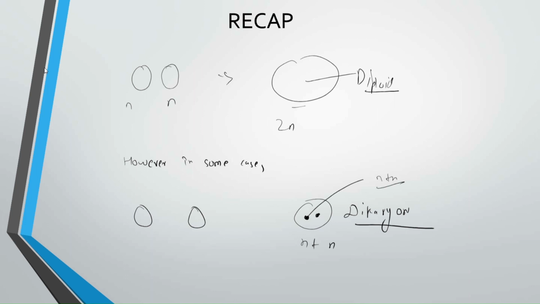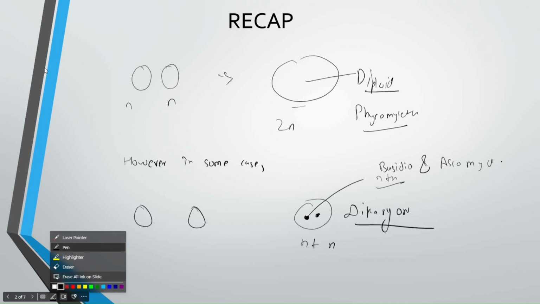This is the general case in phycomycetes. And dikaryon is found in Basidio and Ascomycetes. We are going to study these terms further, so don't worry about this.